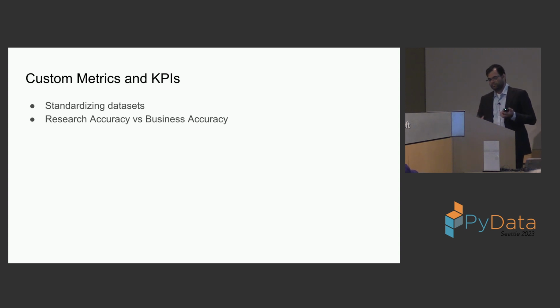Then how do you take this and have your KPIs or go to your business, right? In the industry, the data sets keep changing, the standards keep changing, but on a business level, all they care about is metrics, right?